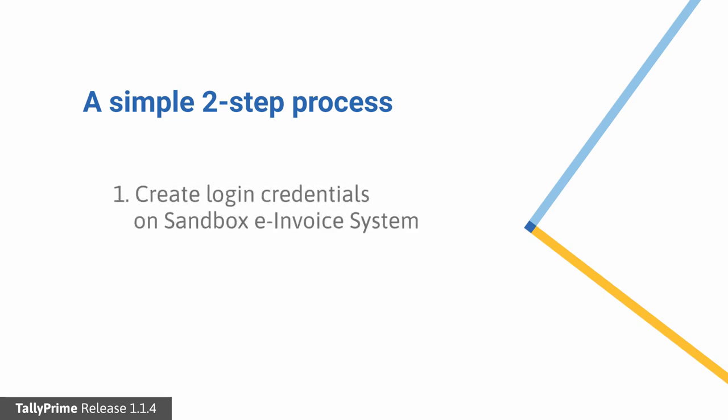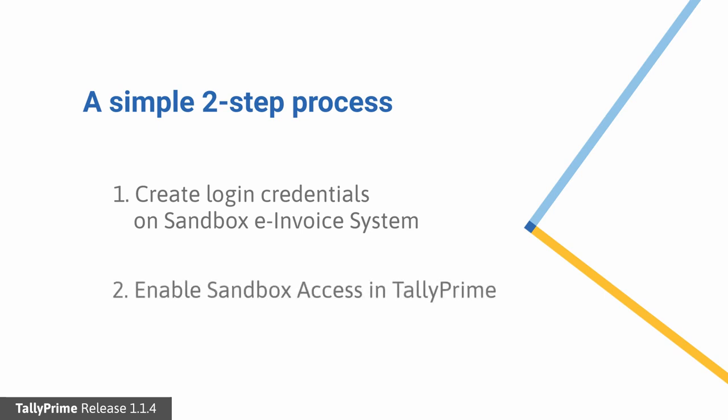Let us relook at the process of experiencing e-invoicing on the e-invoice sandbox system using TallyPrime. The first step is generating your sandbox credentials on the e-invoice API testing system.